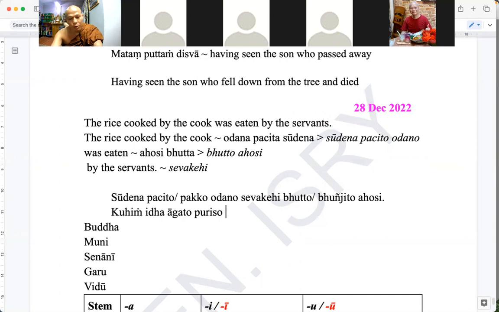So puriso, and then ati. Ati means there is, but here because of kuhe, instead of bavati, it should be ati. So there is sense. So kuhe ida agato puriso ati. Yeah, thanks, Bante.